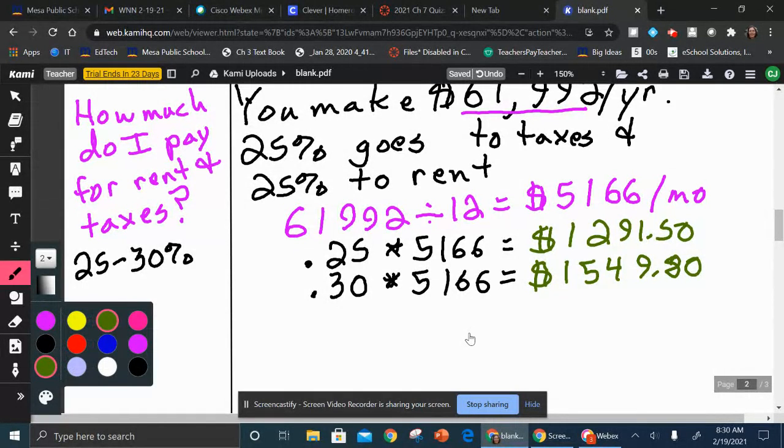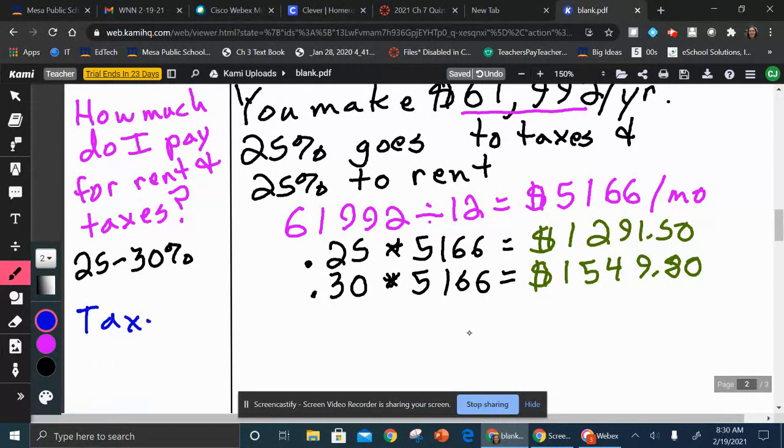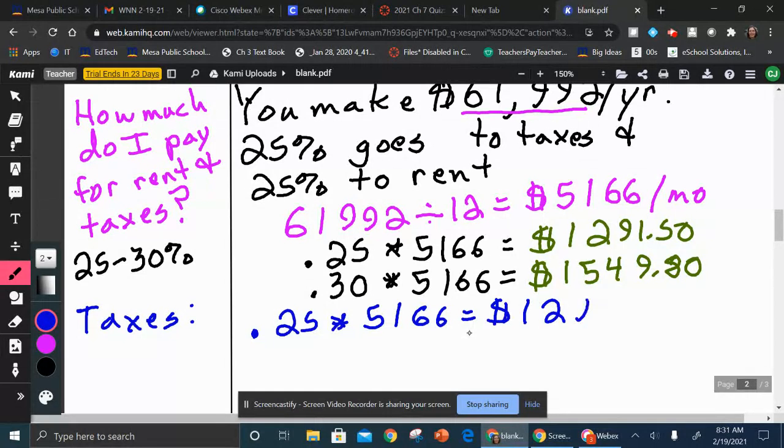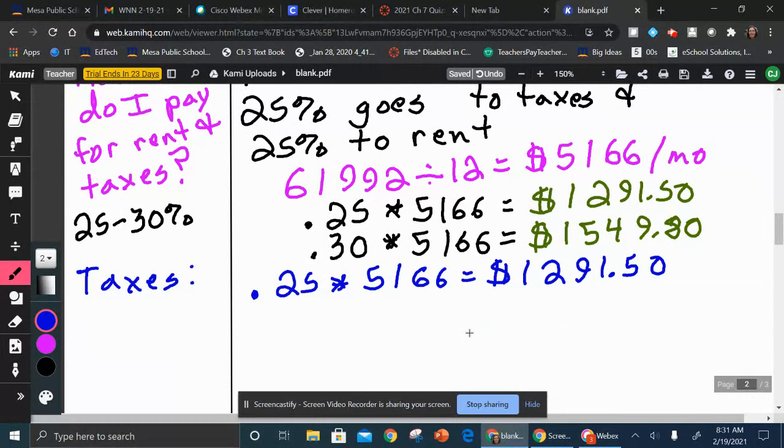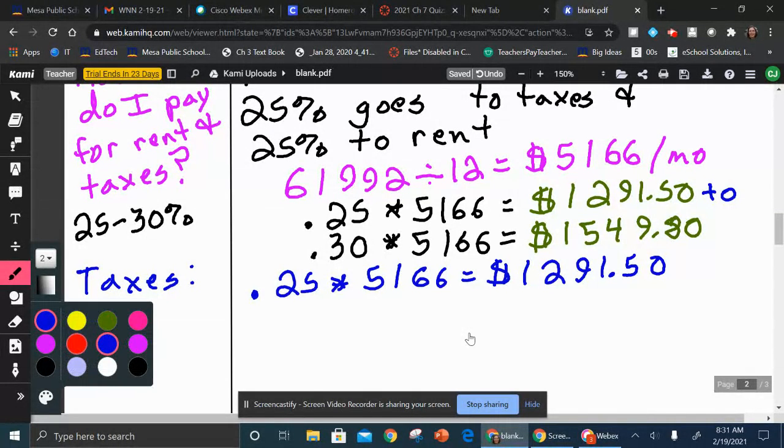So for taxes, now we have our taxes amount: 25% times 51,066, and we got $1,291.50. So that is how much you're paying in taxes. And this is how much you could afford in rent, everybody.